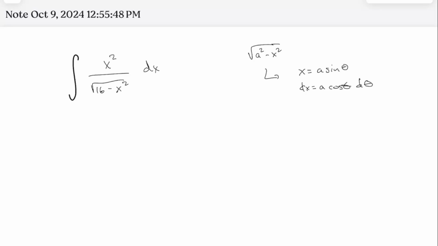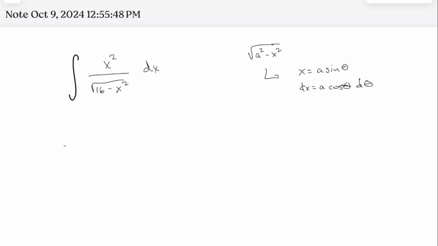This is the basic idea. There's a similar one: if instead of a minus, it's a plus, you should use a tangent and a secant squared, although those tend to be a bit more of a pain. They end up giving you integrals with secants and cosecants and whatever. Anyway, let's try this as the substitution.